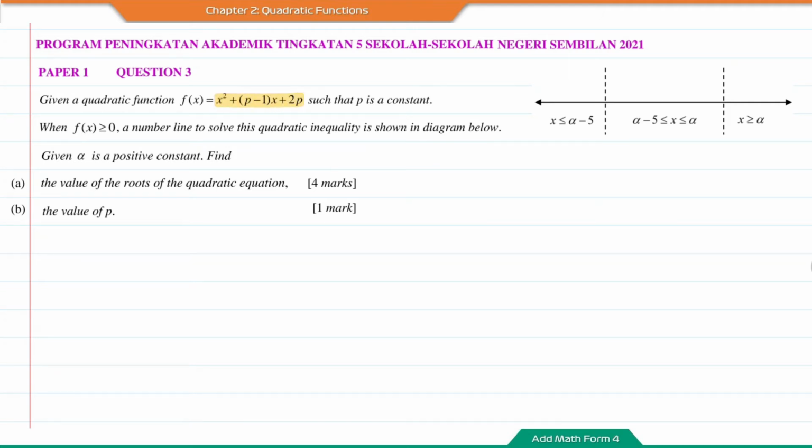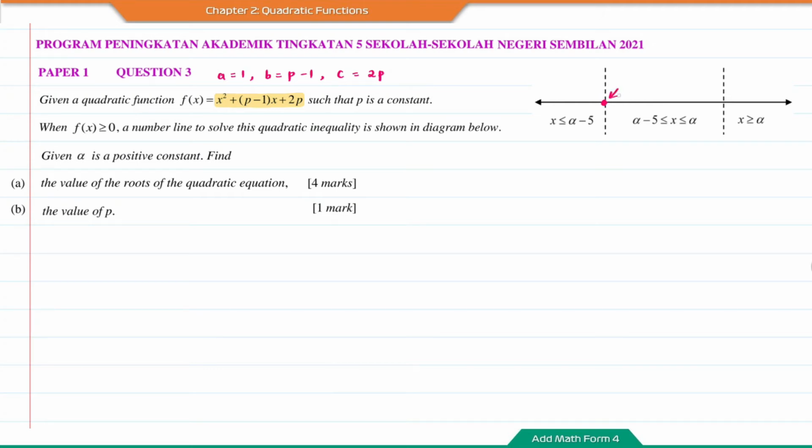From this quadratic equation, we know that a is equal to 1, b is equal to p minus 1, and c is equal to 2p. Now look at these number lines here.